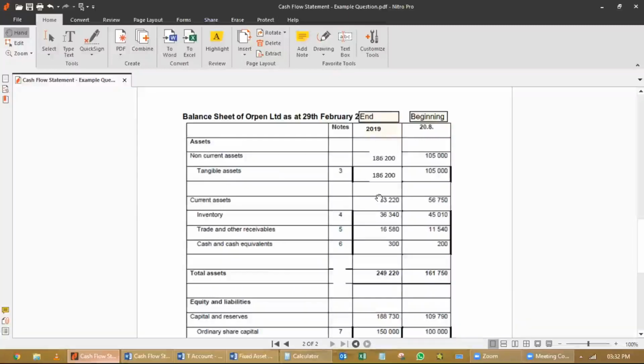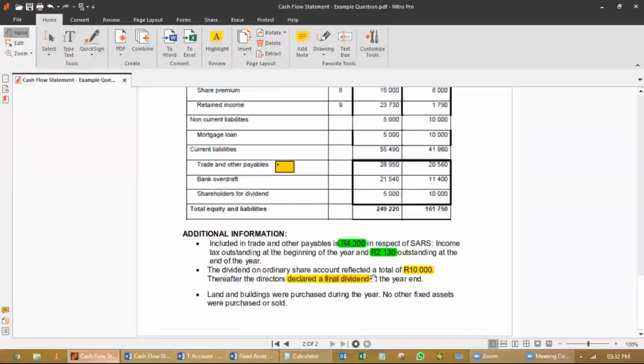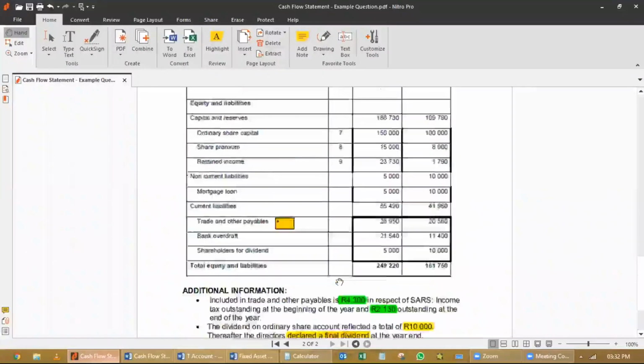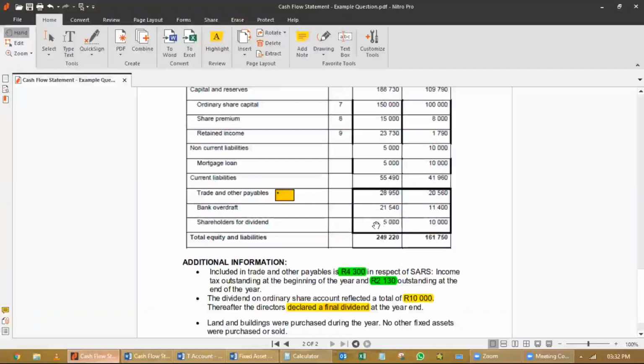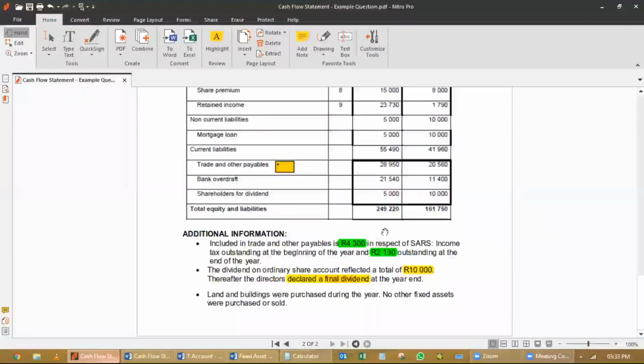So you know, at the end of the year, that's why I said you must make these things. You declared, as I say here, thereafter, at the end of the year, you declared a final dividend. So at the end of the year, I owed my shareholders 5,000 Rand. That means that I declared to pay them 5,000 Rand when next year starts. Alright, so my final dividend that was declared is this 5,000 here, because that's the end of the year, and it's how much I still owe my shareholders.